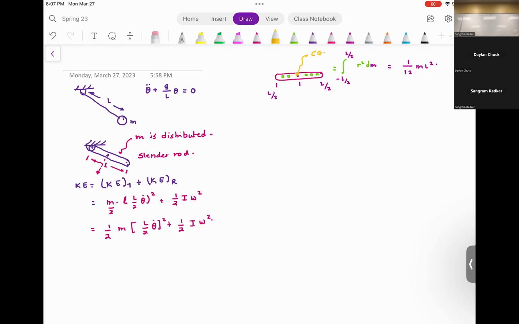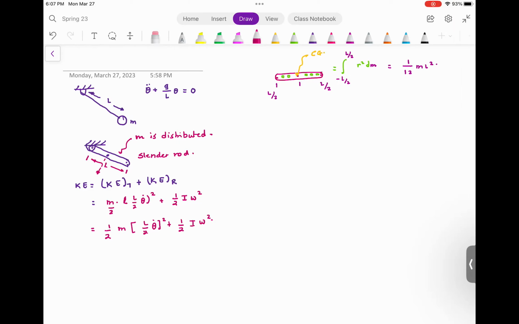If you were to find the mass moment of inertia here, or on the other side, depending upon where you take your moment, the mass moment of inertia would be different.